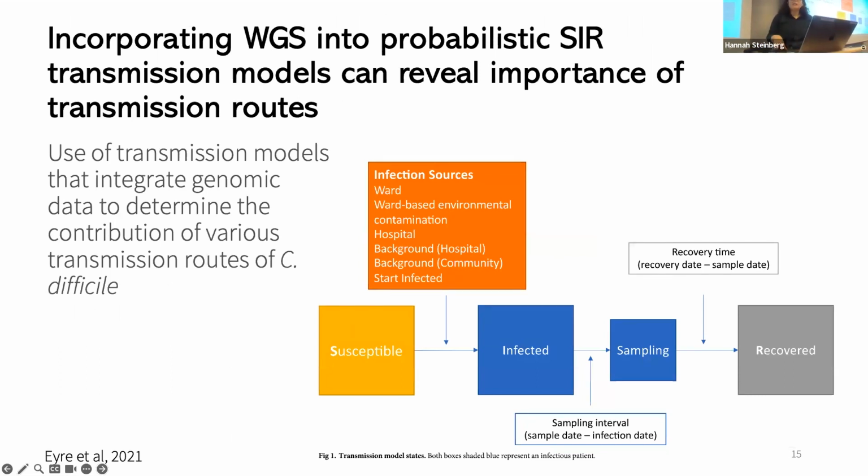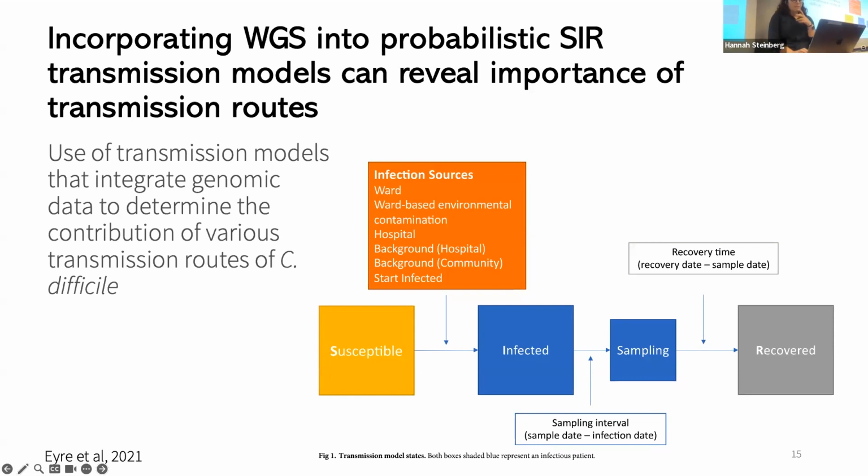Finally, this is an example of a study that incorporates whole genome sequence data into a susceptible, infected, recovered transmission model. And what they were doing here is they wanted to determine the contribution of various transmission routes of C. difficile in a healthcare system, whether that be known contact within a ward, known contact within the hospital, or background contamination of the ward, hospital, or community infections.